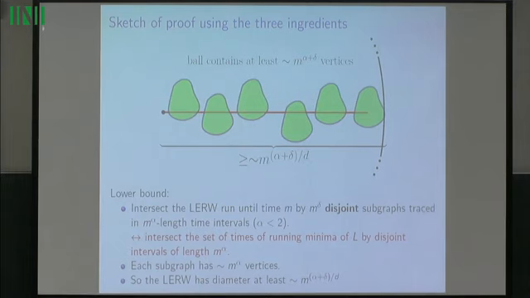Which means that if I look at a metric ball centered at my root to contain this loop-erased random walk and these subgraphs, this ball will contain at least as many vertices as all of these subgraphs, so at least on order m to the alpha plus delta vertices. And since d gives the growth exponent for the metric ball in the random planar map, that implies that the radius of this ball is at least on the order of m to the alpha plus delta over d. And so this gives us our lower bound.